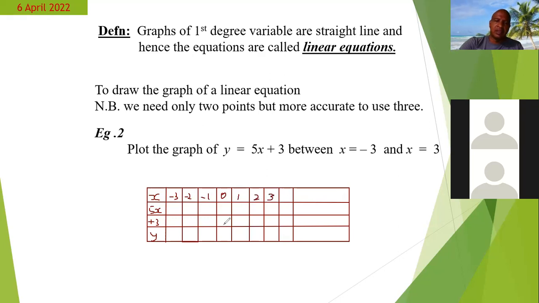We really don't need any more columns because our x value ranges from -3 to +3.